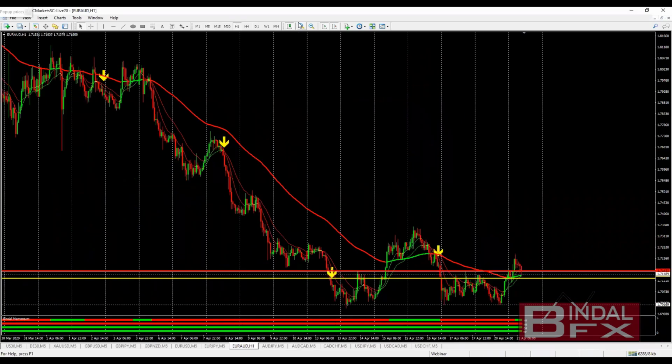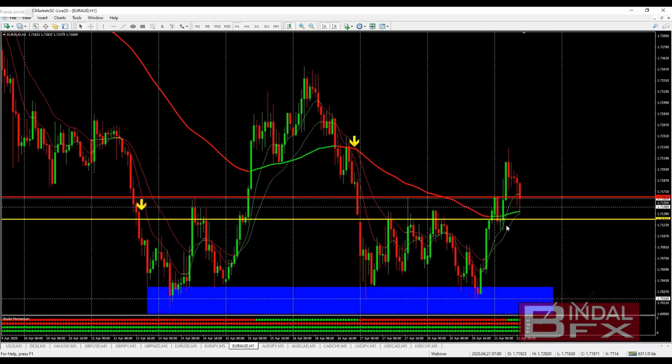Euro Aussie dollar. I just found a really nice base of support in here. Do I want to take a long on it right now? No. What I really want to see is a clear move above the 1 hour trigger line and a nice pullback.